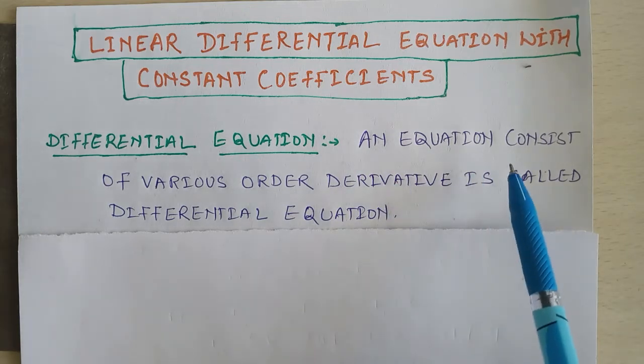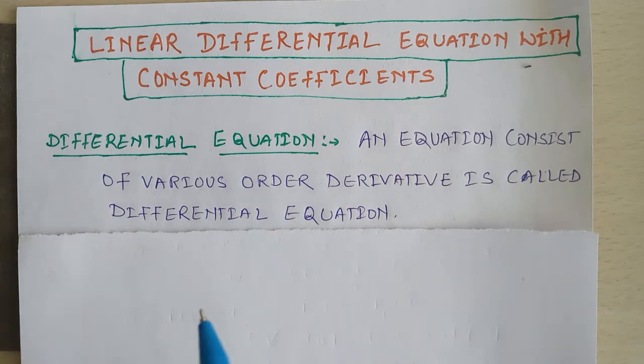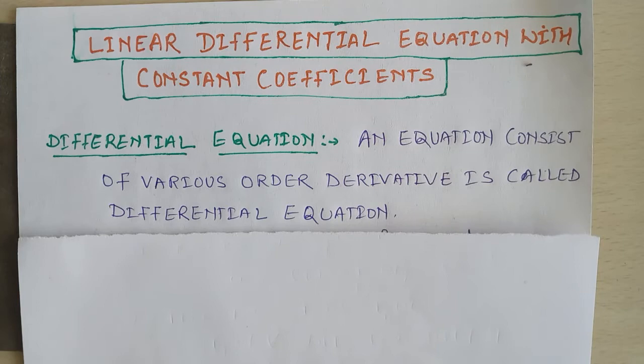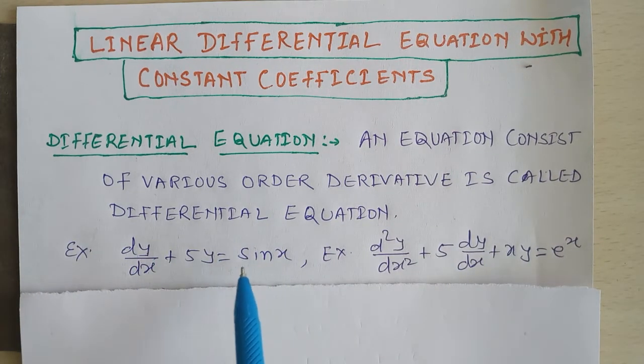And an equation which consists of various order derivatives, that is first order derivative, second order derivative, third order derivative and so on, is called a differential equation. For example, this expression contains the sign of equality, therefore it is an equation.